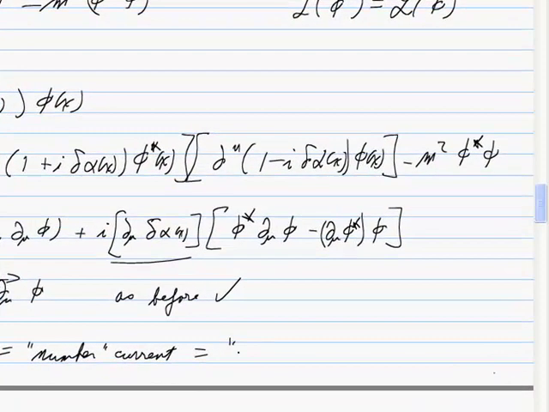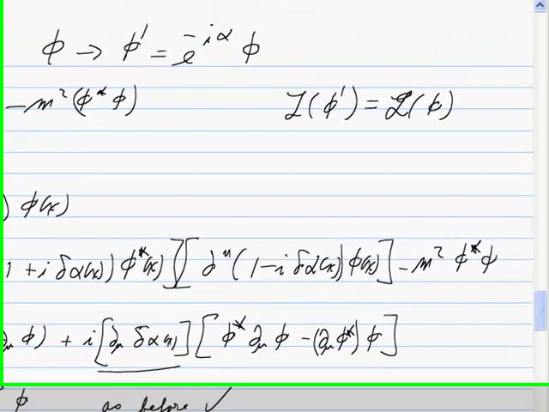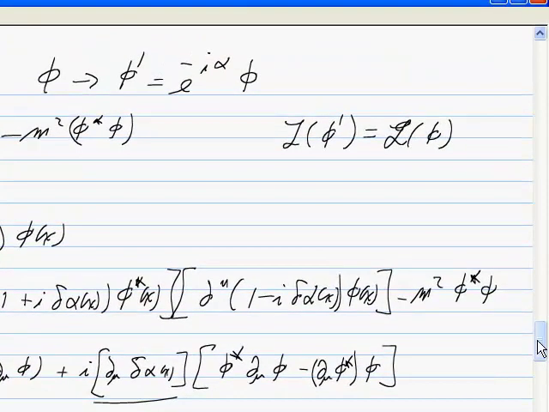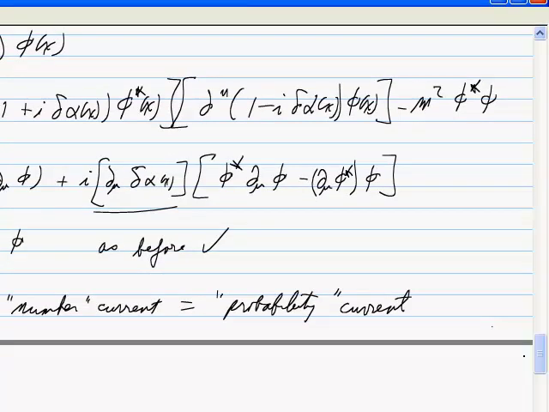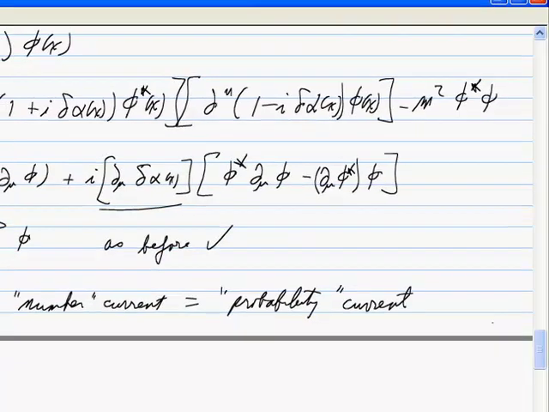You can call it the probability current. But if you add an electric charge, it's an electromagnetic current. Okay, so any questions about that?